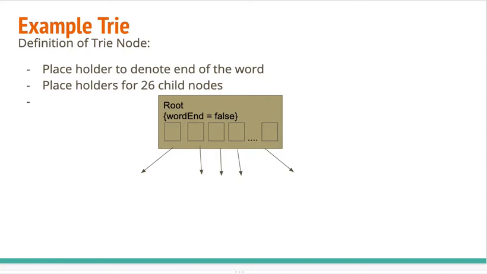By default we put it as false, and the second placeholder is a pointer to 26 child nodes. Why 26? We have 26 lowercase letters in English, so A to Z. That's why we have 26 child pointers to the next level of nodes, right? So hope this structure is clear. We are going to look at the code anyway, just bear with me.